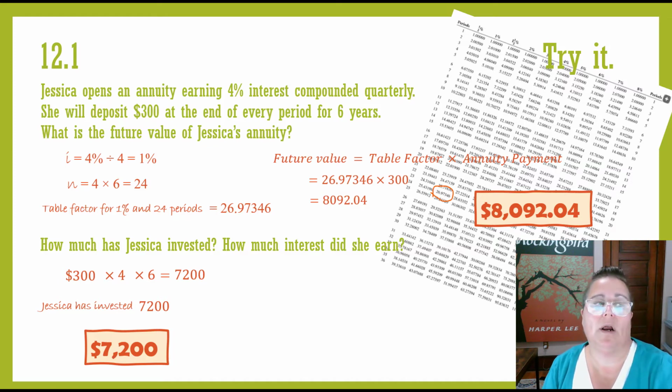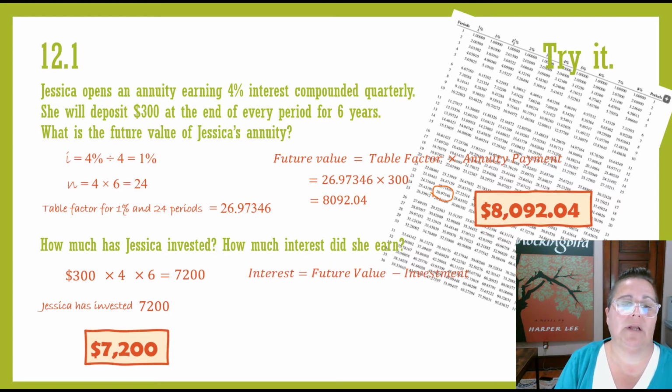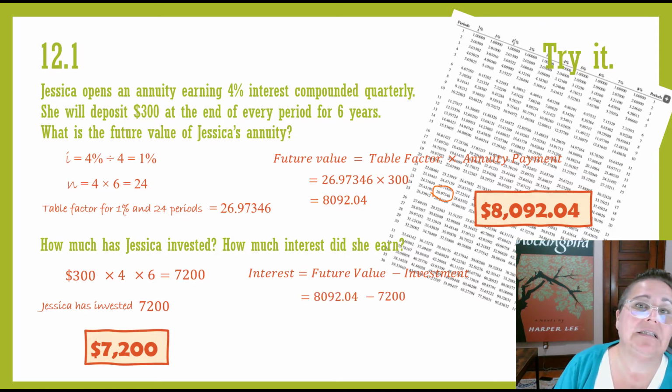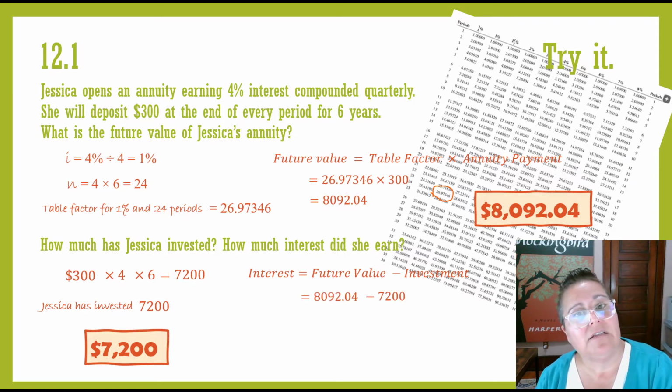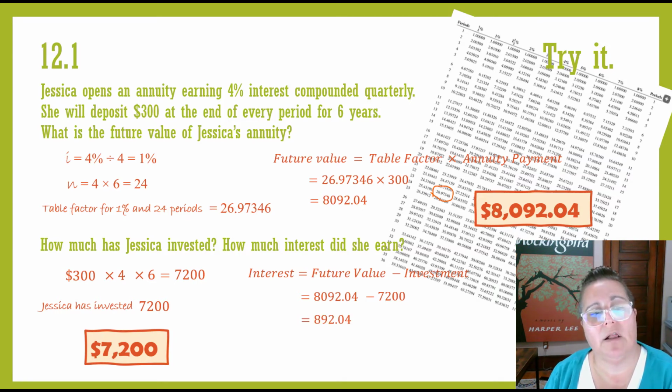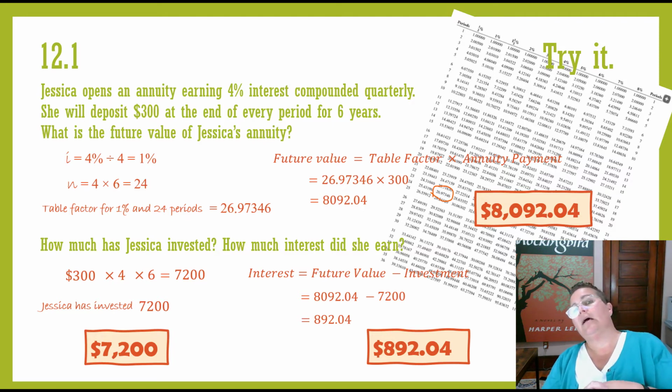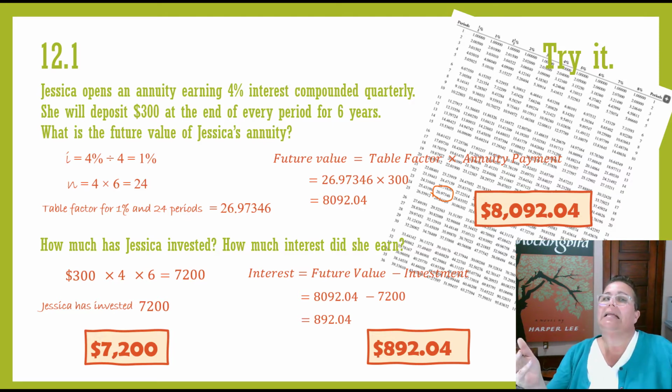So that's more than Jess put in. The interest then is the difference between the future value in that account, the $8,092.04, and the amount of Jess's investment, or $7,200. That's $892.04. So the interest here is $892.04.